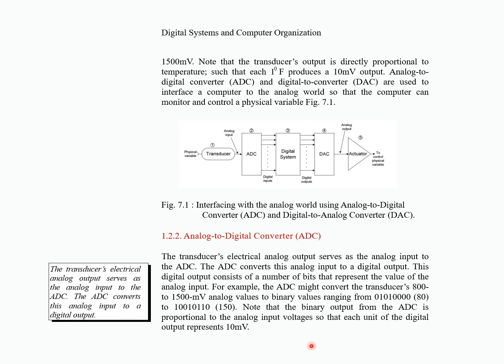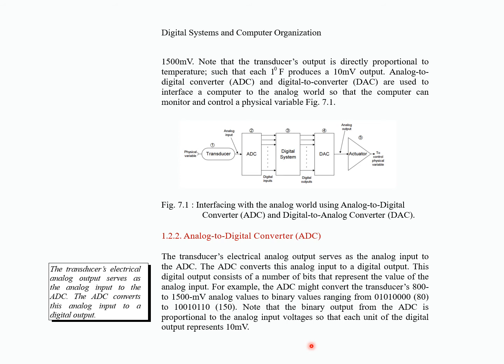For example, the ADC might convert the transducer's 800 to 1500 millivolt analog value to binary values ranging from 0101 0000 to 1001 0110.